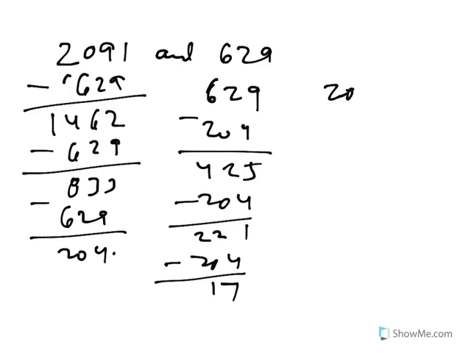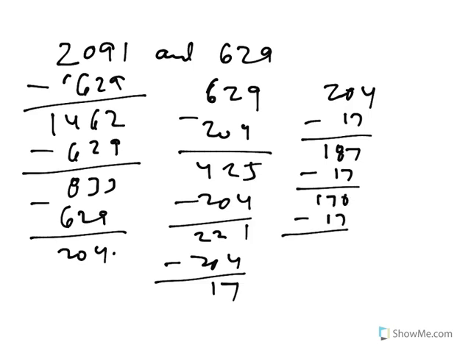Now I'm going to start subtracting 17 from 204. And you have to subtract away a lot of them.